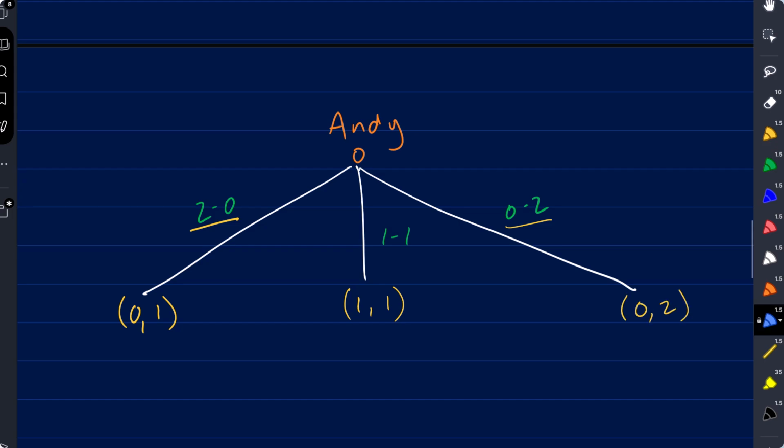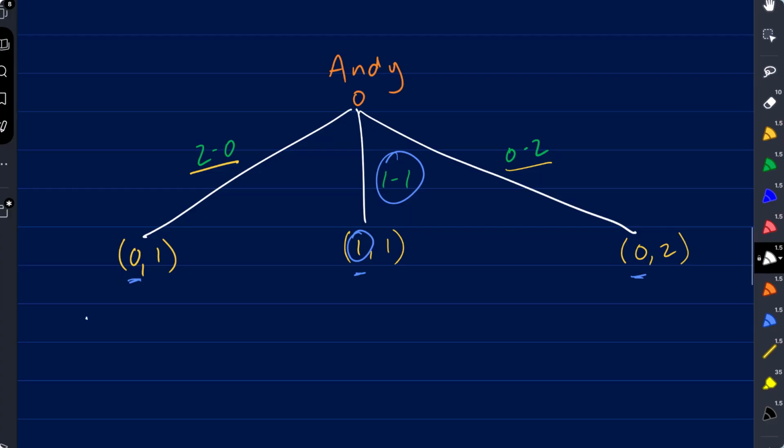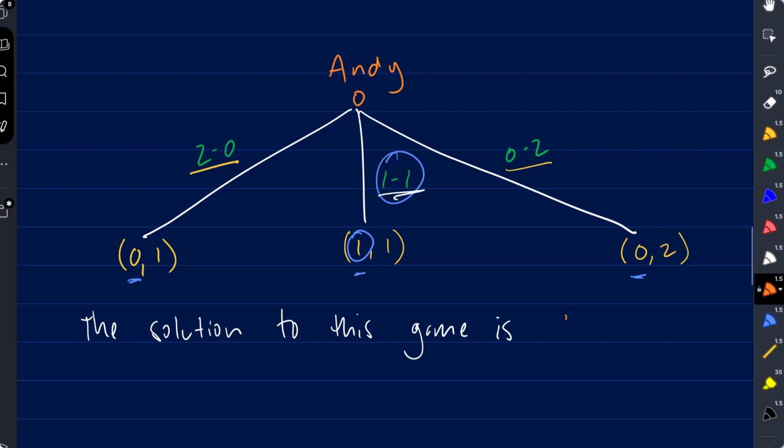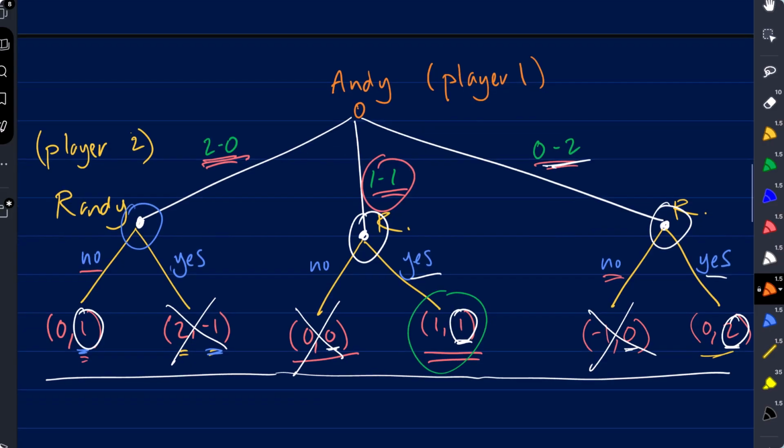Okay, so for each of these, the payoff for Andy is the first value in the set. So he can end up with either 0, 1, or 0. He's going to want 1, so he's going to choose 1-1. Okay, so the solution to the game is Andy plays 1-1, and I just got to remember what that goes with for player 2.